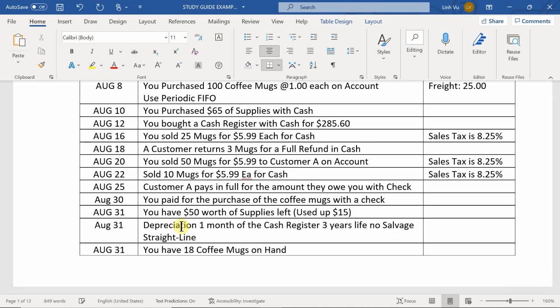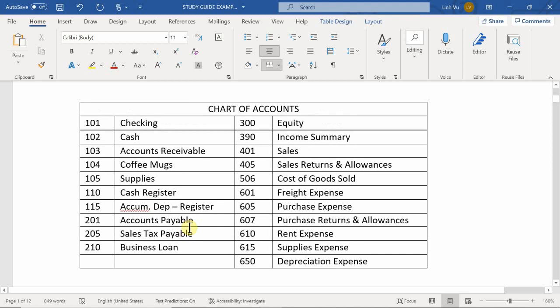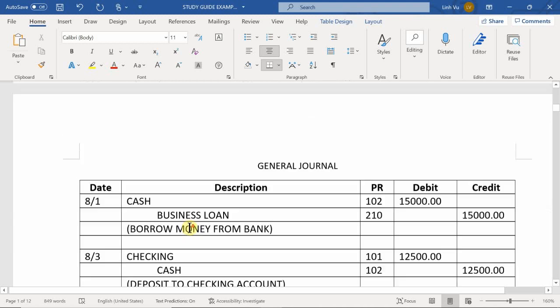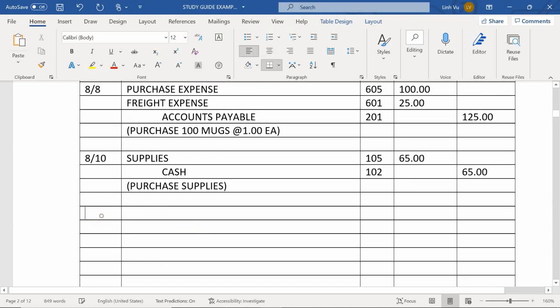All right, so now we're going to buy the register. Yep, we're going to buy a cash register. Okay, cash register, and we buy with cash 285.60. So we have cash register 110 and cash 102.